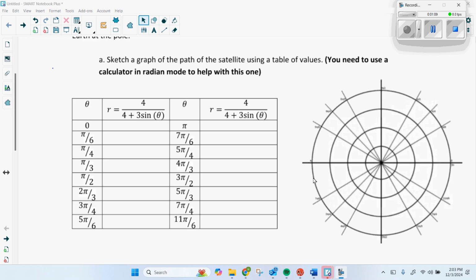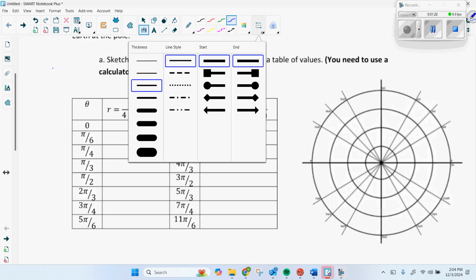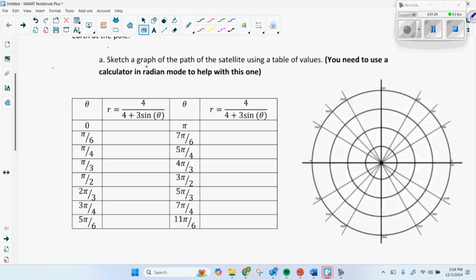So R equals 4 over 4 plus 3 sine theta. I'm going to do a couple of them off to the side, and we'll just work our way through it. So the first one is plugging in a 0.